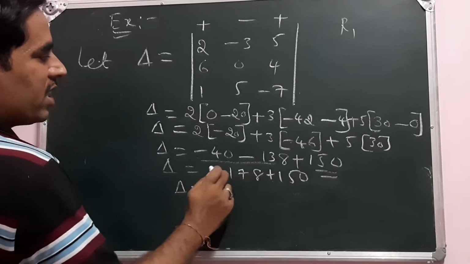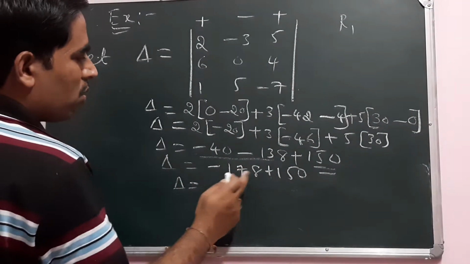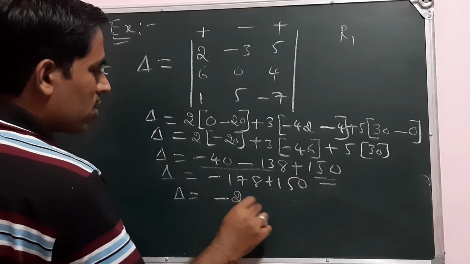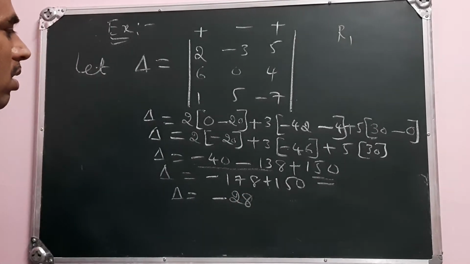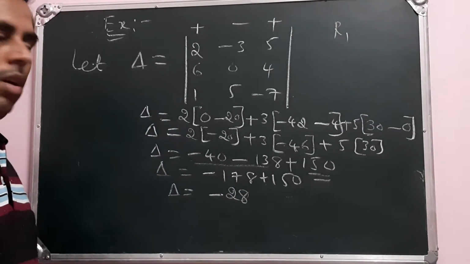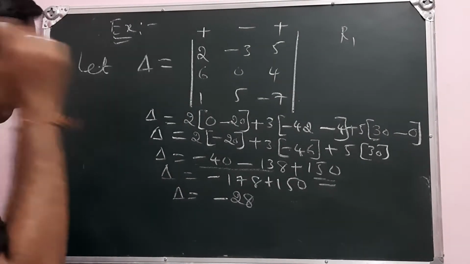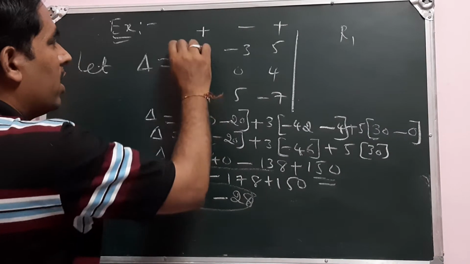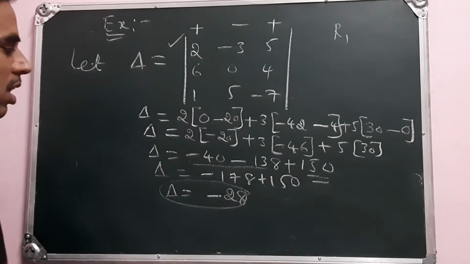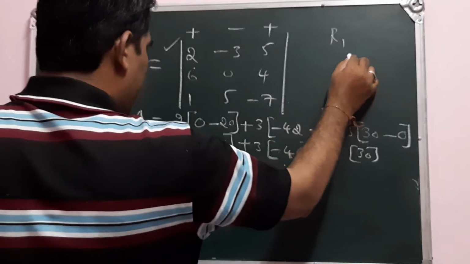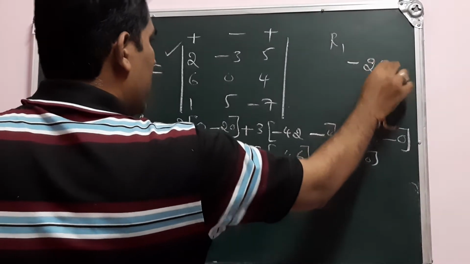Here unlike signs are there, so we have to subtract. Minus 178 plus 150 will be minus 28. So this is the value of this determinant. We can note this down: the value we got is minus 28.